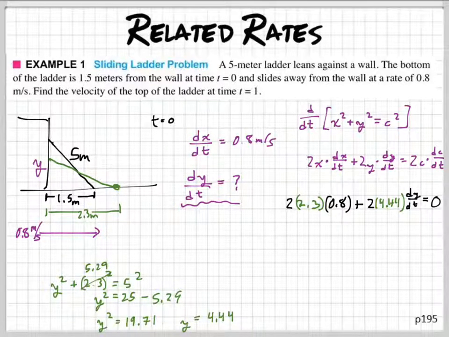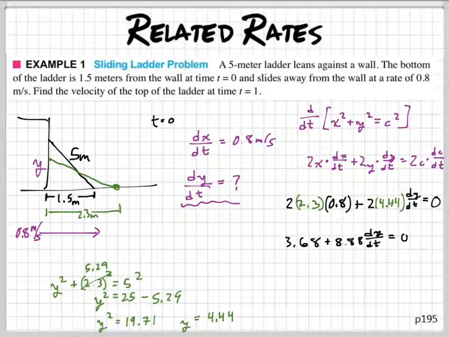So we get 3.68 for the first part, and then this would be 8.88 times dy over dt equals 0. So let's go ahead and move this guy to the other side. So now it's negative 3.68. Then I have to divide it by 8.88 to get my rate.